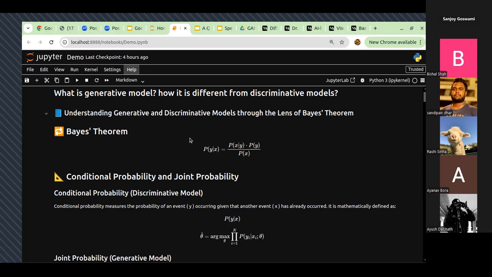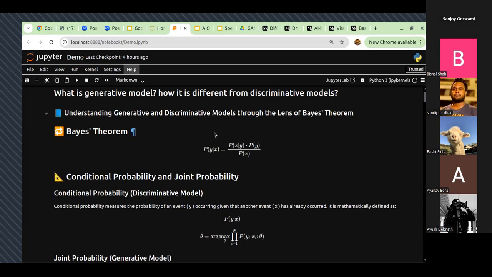Machine learning algorithms definitely learn, but not all are supposed to learn using Bayes theorem. But using Bayes theorem, we can get a very clear idea about what classification basically means. Classification basically means nothing but learning this conditional probability. What is the probability of a class belongingness of a given data X? That is what the conditional probability is.